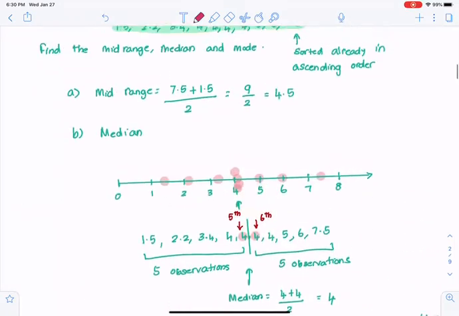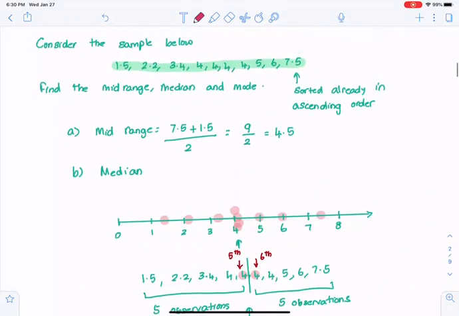If you have to find the mean, we simply have to add all these numbers and divide it by 10. That shouldn't be very complicated. So let me just find the mean here also. Mean is the sum of all the numbers.